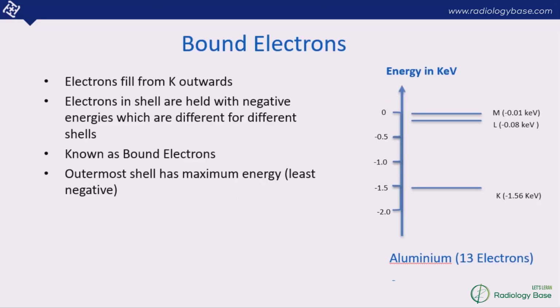So this is a graph which is showing us the net or actual energies of the electrons depending on the shell of the electron, and in this one we are going to use an example of aluminium. In this case the net or actual energy experienced by an electron in a K shell is going to be minus 1.56 kilo electron volt.